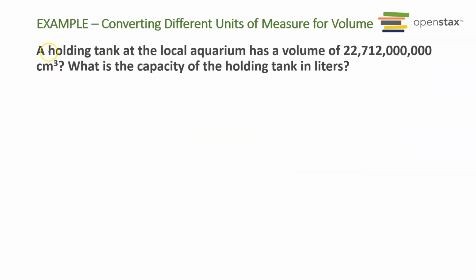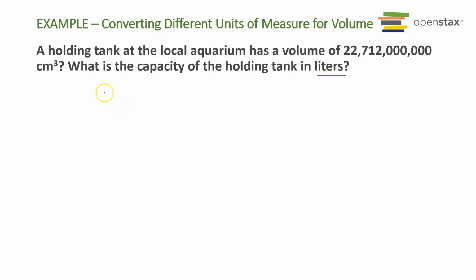So let's look at that. A holding tank at the local aquarium we just looked at had 22,712,000,000 cubic centimeters. What is that in liters? From our previous example, we would need to do this twice if we hadn't done it already.